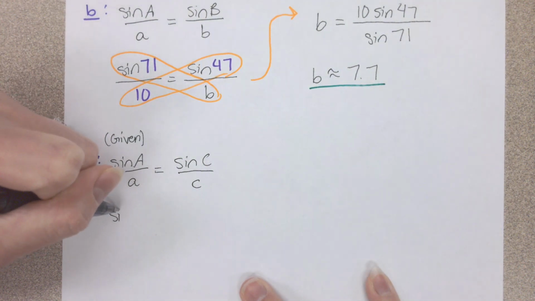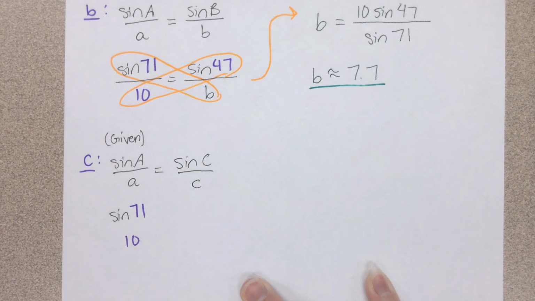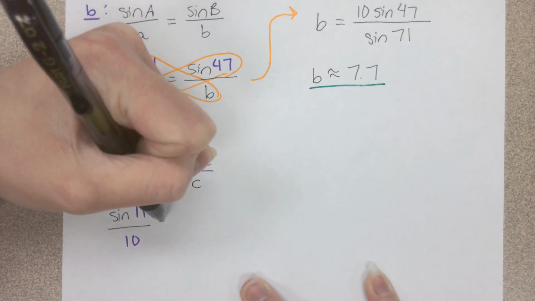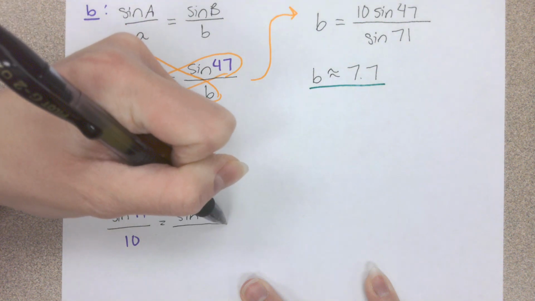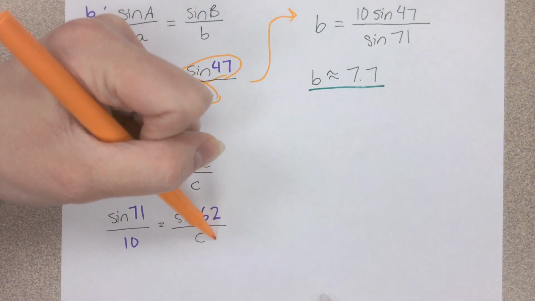Filling in, we have sine of 71 over 10 equals sine of angle C is 62 over C. And then we'll cross multiply.